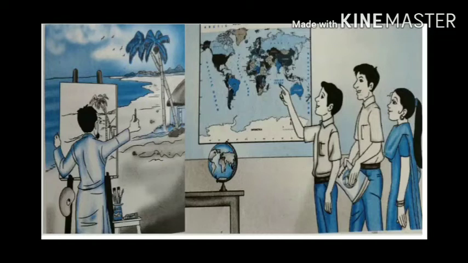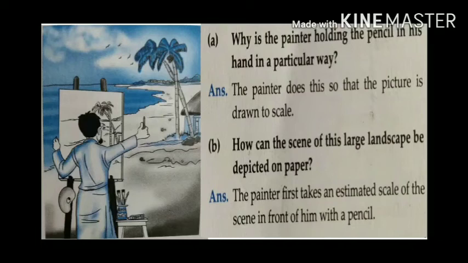And in the second picture, children are watching the map. Now children, in the first picture, why is the painter holding the pencil in his hand in a particular way? Answer: the painter does this so that the picture is drawn to scale.